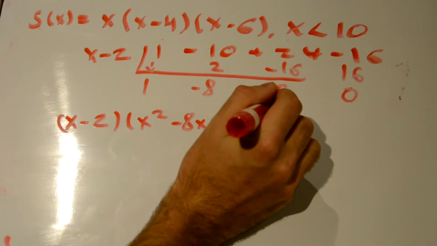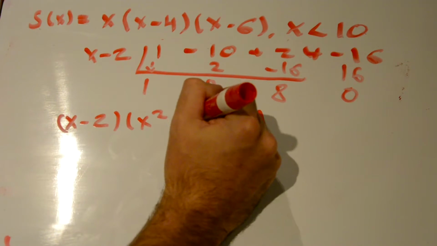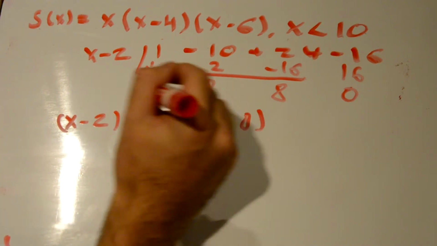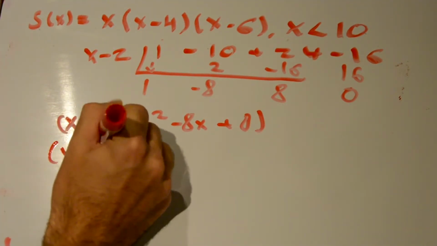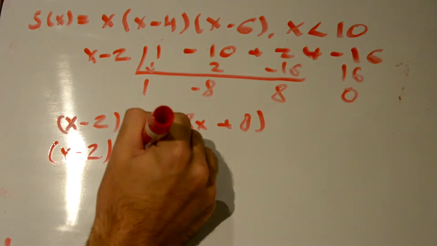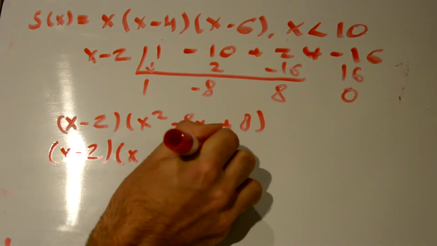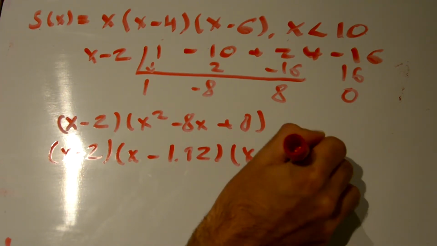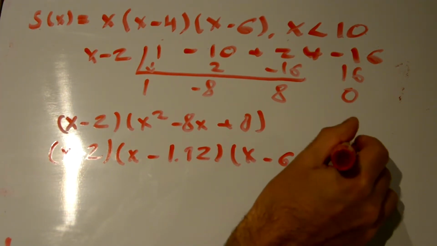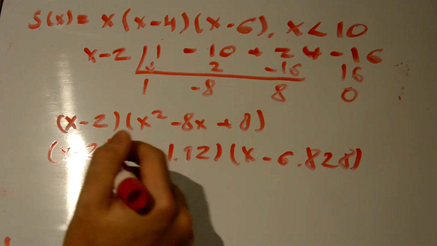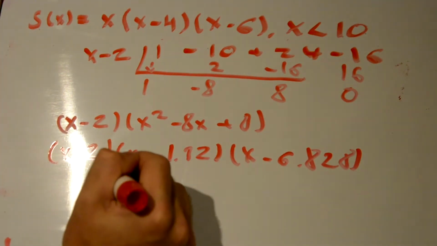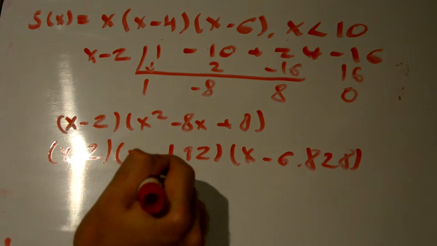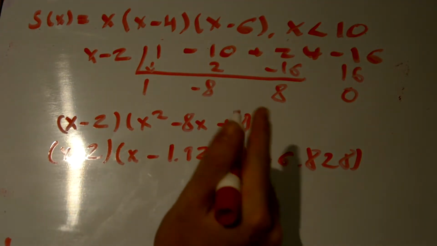To break this apart even further, we must factor this quadratic, giving us x minus 2 times x minus 1.172 times x minus 6.828. And once again, since 2 is the only root which is a whole number, we reject the other two answers.